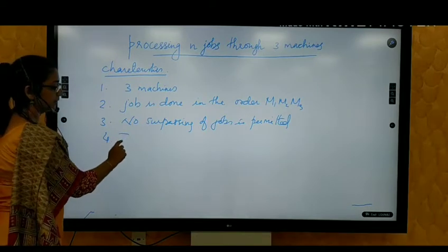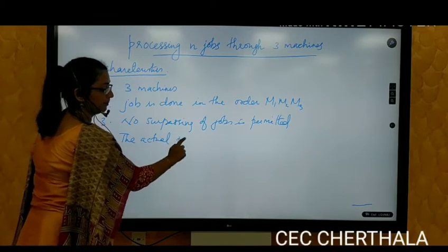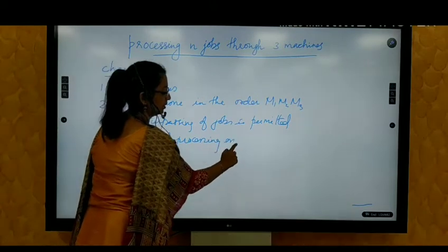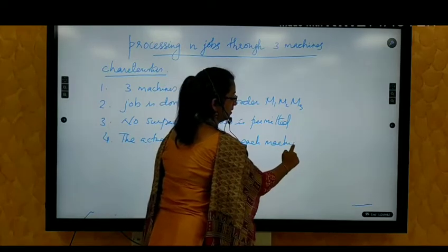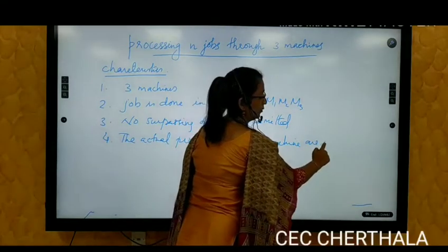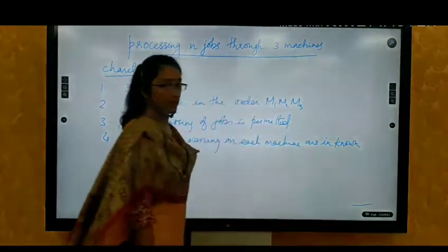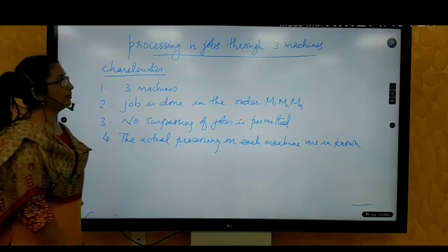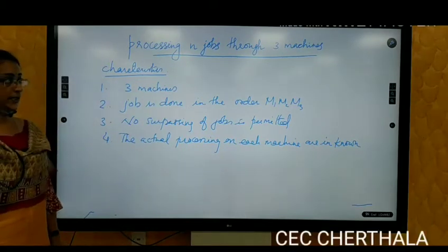Fourth is the actual processing time on each machine are given in advance or are known in advance. So these are the 4 characteristics of the problem processing n jobs through 3 machines.